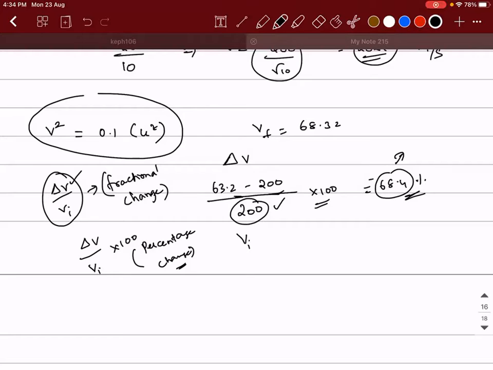That negative sign indicates a loss of velocity. The kinetic energy is lost by 90%, but velocity is not lost by 90%. It is only lost by approximately 68%. That is the meaning of the statement they have given. I hope I answered your question.